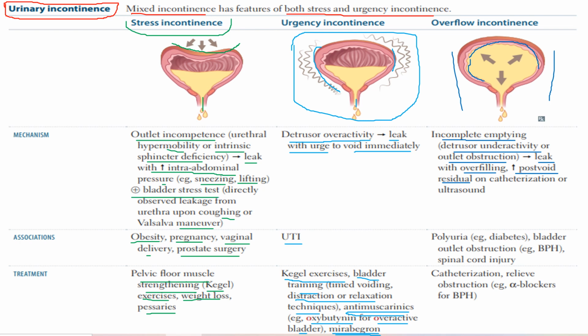Its associations are polyuria, for example diabetes, bladder outlet obstructions, for example benign prostatic hyperplasia, and spinal cord injury. Its treatment includes catheterization and relieving obstruction by giving alpha blockers for BPH.